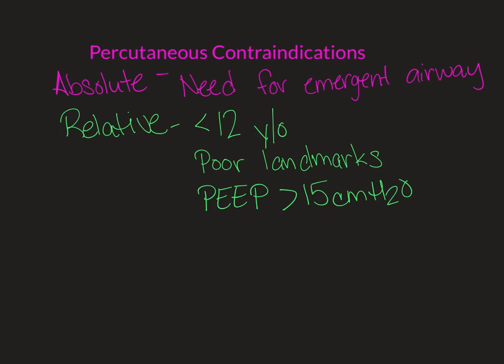So high PEEPs, if they're having a hard time on the ventilator and they're requiring high settings, it's going to be safer for the anesthesiologist to put them on their vent and have better control in case, God forbid, say they were doing this and they accidentally nicked that ET tube while they were trying to place the trach, and we've had to splint their airways open that much with that much pressure, and then something happens to the ET tube and their airway is compromised, we're just losing what we did.